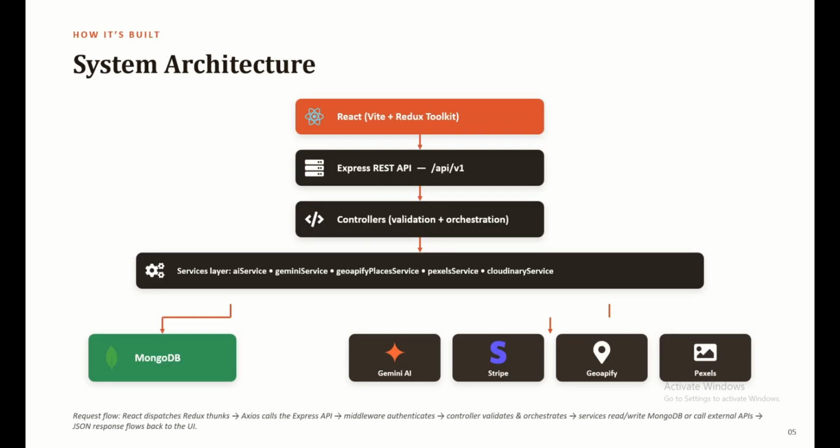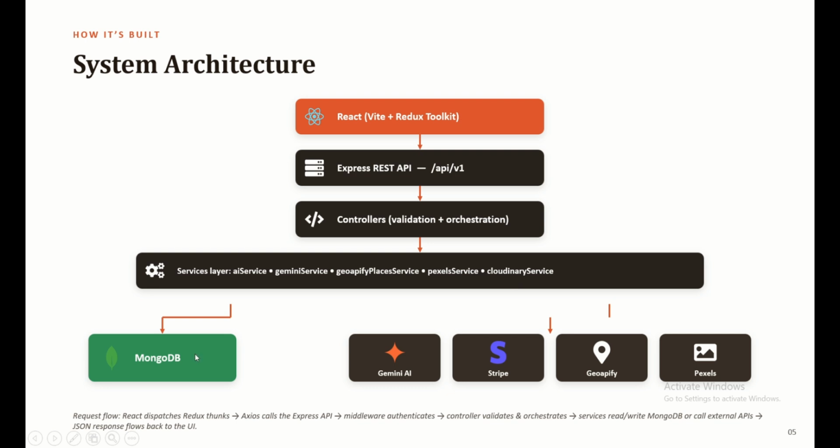Now, system architecture. Food Genie follows a clean layered architecture. The React frontend built with Vite and Redux Toolkit talks to an Express REST API mounted under API version 1. Requests pass through controllers that handle validation and orchestration, which in turn call dedicated service modules, one each for AI, Gemini, Geoapify places, Pexels images, and Cloudinary uploads.